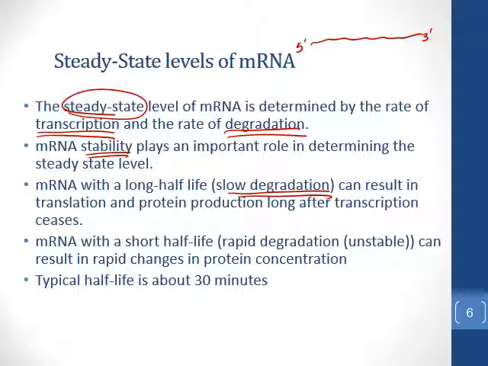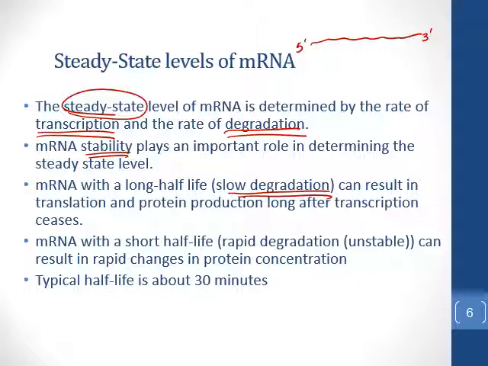And so if you wanted to have a constant supply of a protein that was derived from an mRNA with a short half-life, what would you have to do? You would have to constantly be transcribing the gene to make more of the mRNA. So you can see the rate of transcription of the gene and the stability of the mRNA are the two things that are going to control how much of that protein you have.